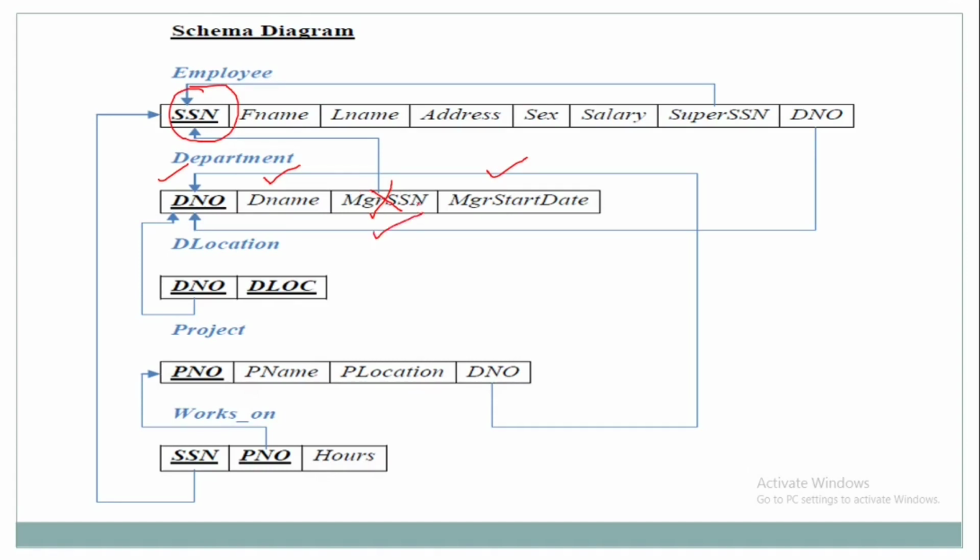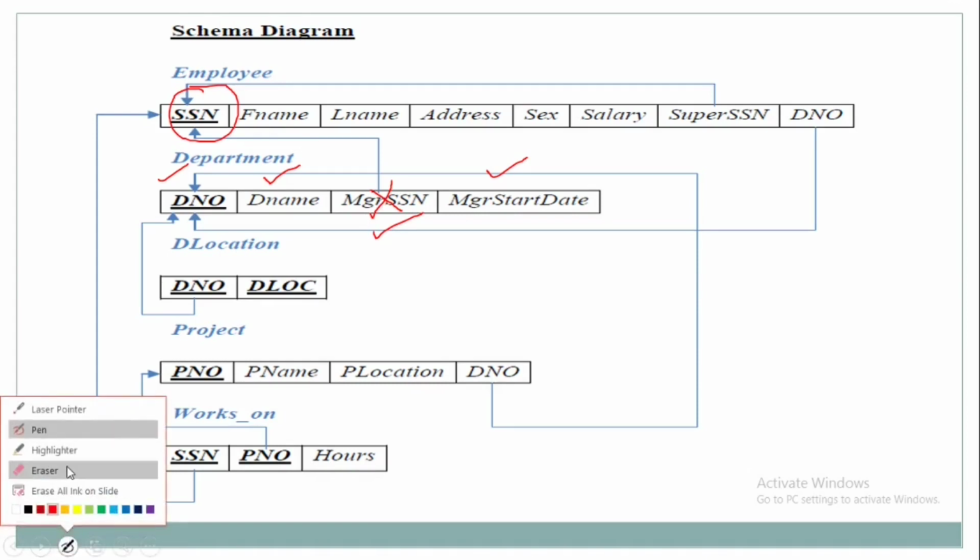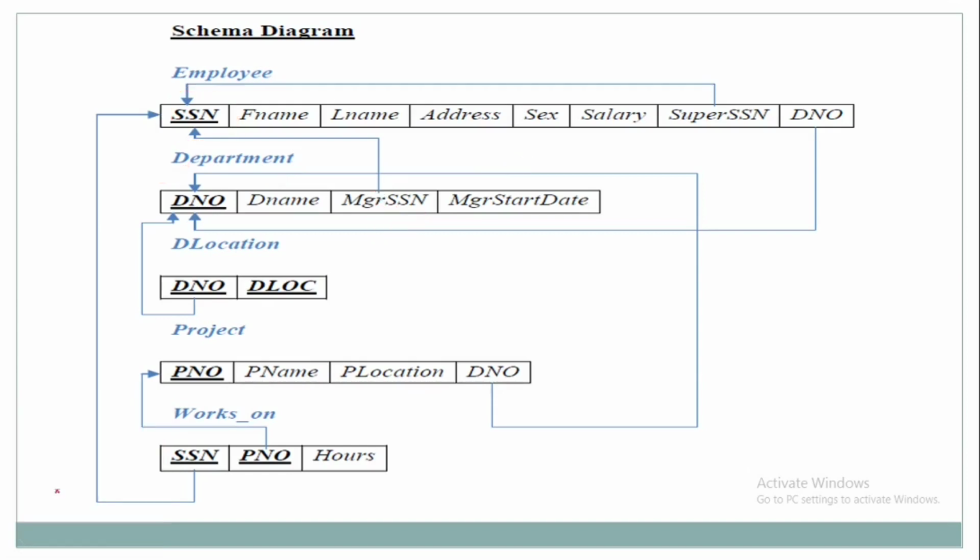The simple logic is that before creating a child key, you need to create a parent key. We need to follow the same rule when we insert the data. Let's say I have an employee with SSN 10.